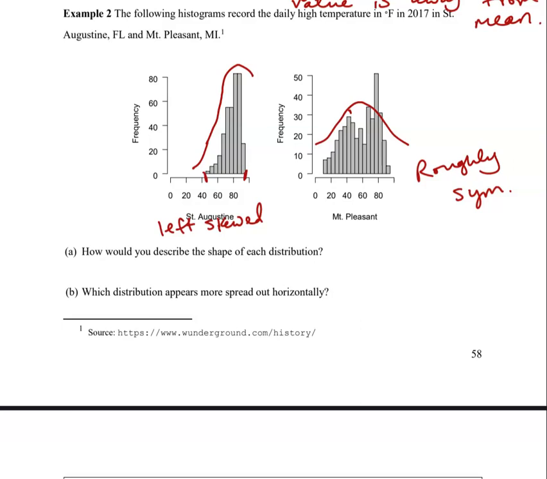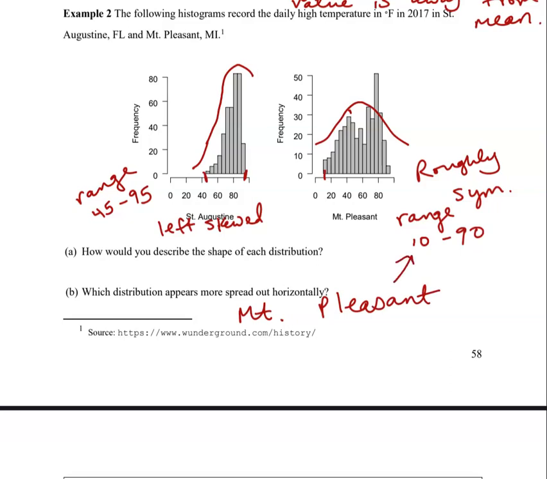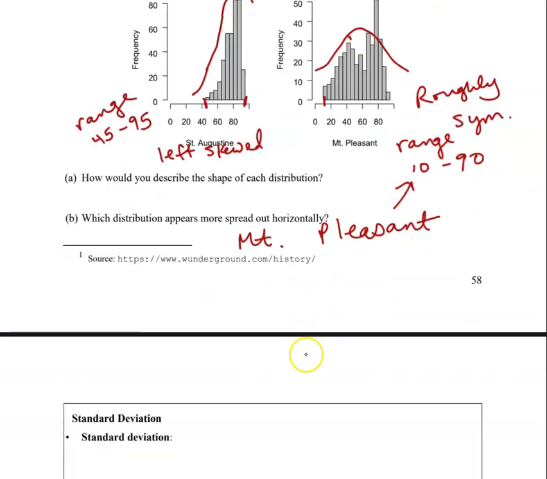Whereas the range for Mount Pleasant is definitely larger, I would say maybe from 10 to about 90. So visually, you probably would agree with me that Mount Pleasant is more spread out. But one way to do that, if you're second guessing yourself, is to look at the range. And the range for Mount Pleasant certainly is larger.